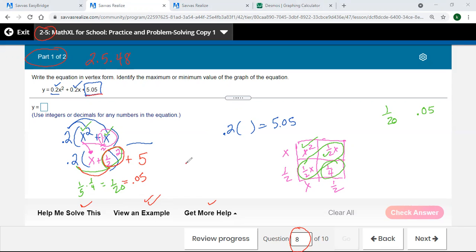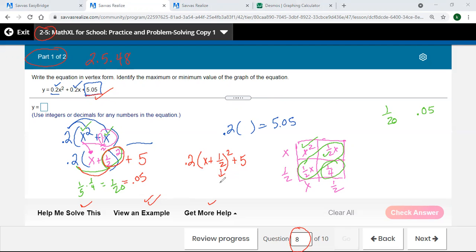But we have our 0.2 times x plus 1/2 squared. And then when we squared the half times the 0.2, that was 0.05. And so we still needed another 5 to equal my original out there. And after all of that is said and done, it doesn't ask us this, or maybe the second part will. Remember how this works.